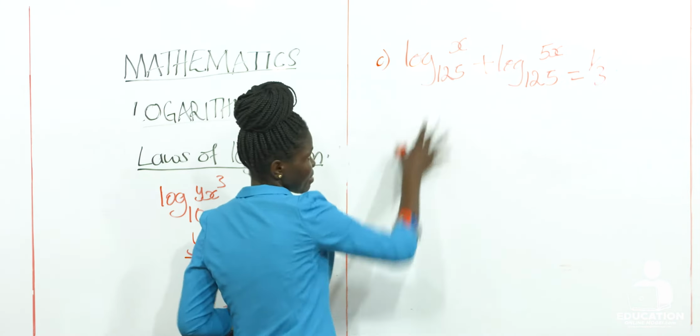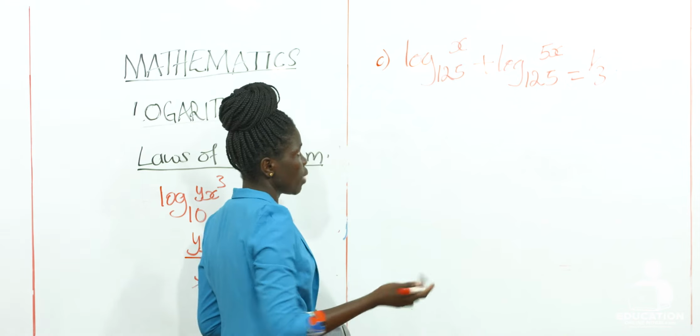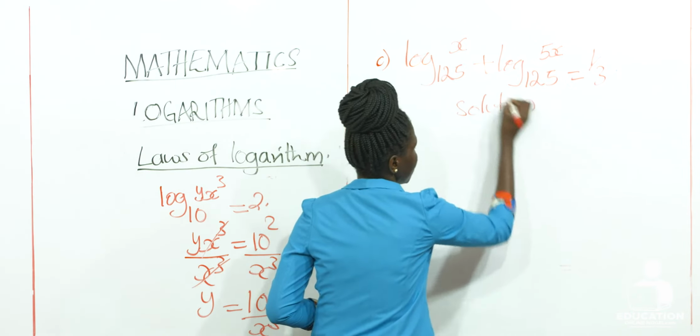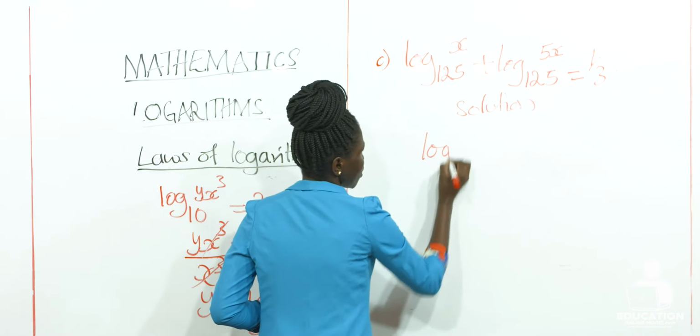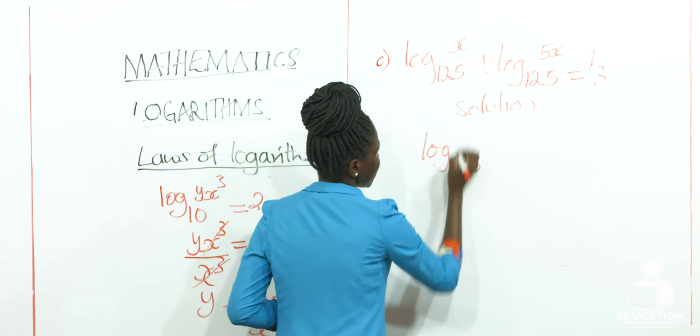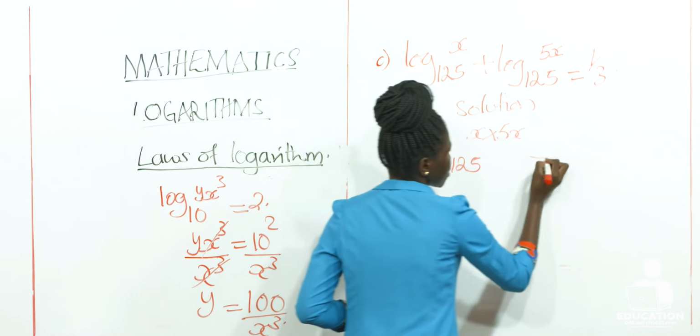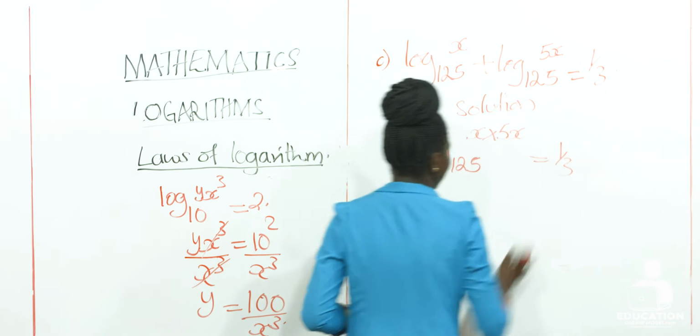So the two numbers are having the same base and we are adding. So what we need to do in this case, we are going to multiply the numbers. So we shall have log 125 of x times 5x is equal to a third.